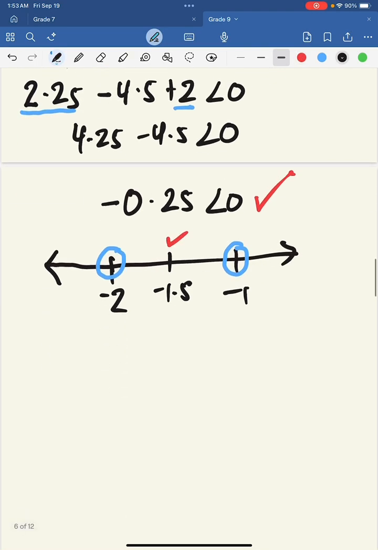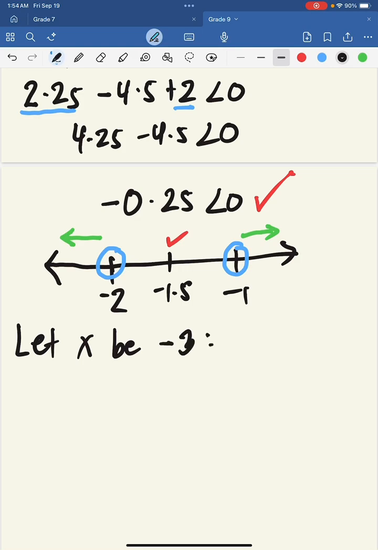Now, just to be sure, let's try numbers outside of negative 2, going to negative infinity, and the numbers going to positive infinity. This is just a check to verify whether it is only the middle numbers between negative 2 and negative 1, or probably the numbers outside the critical values. So let's try x as negative 3.